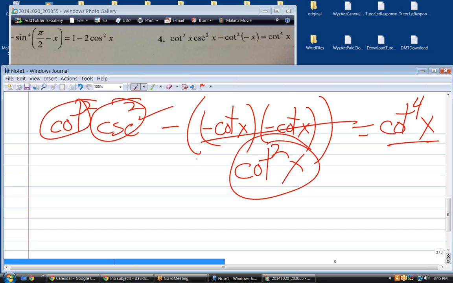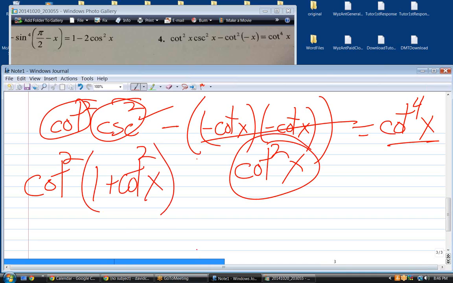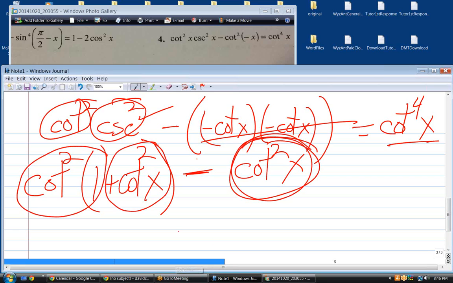What's the trig identity to turn that into cotan? Is it 1 plus cosecant equals cotangent, or the other way around? It's 1 plus cotangent equals cosecant. Okay. So cosecant squared equals 1 plus cotan squared. Now, we got nothing but cotans that better come out to be cotan to the 4. Well, there's a cotan squared, there's the cotan to the 4, minus the cotan squared, you end up with cotan to the 4.